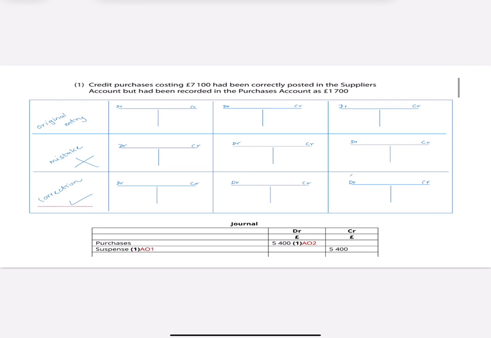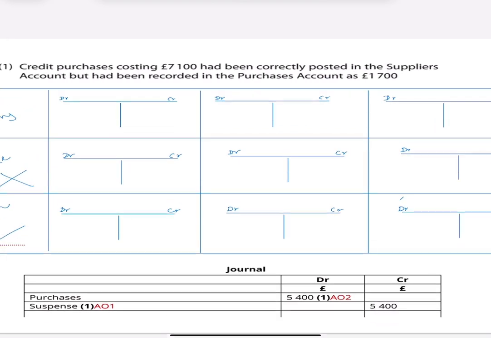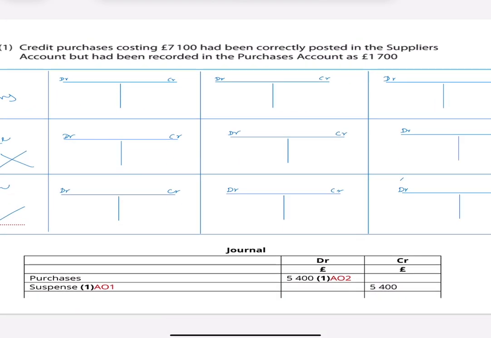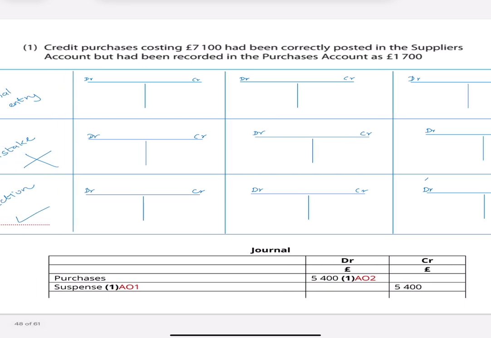Now let's see what should be the correct entry in order to record credit purchases of 7,100. So you debit purchases account by 7,100 and you credit trade payable supplier account by 7,100.